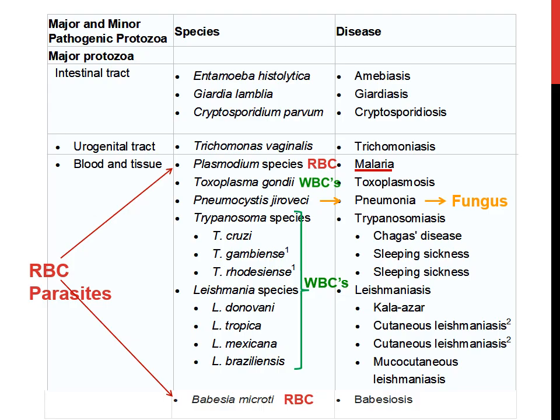And at the end of the slide down there, we see Babesia microti, again in the RBCs. So for the blood protozoan parasites, we have 2 main parasites: the important malaria, Plasmodium species, and the minor or rarely encountered Babesia microti.